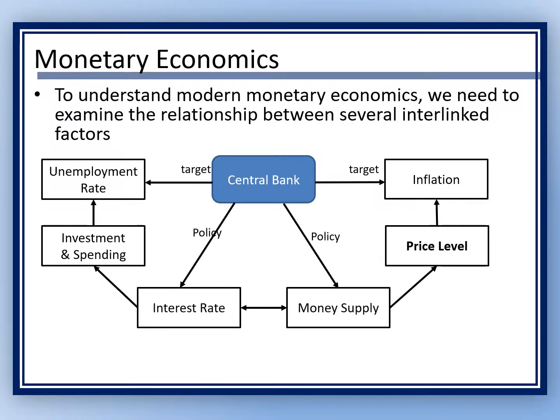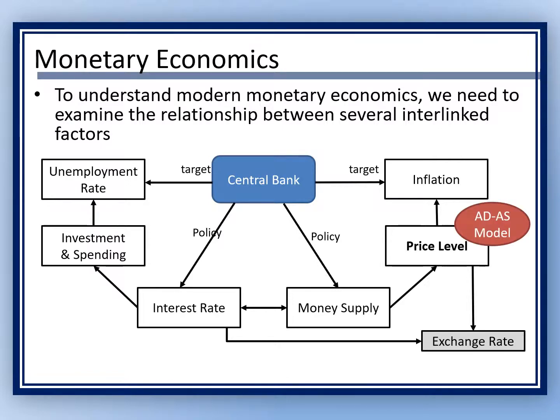So central banks can affect interest rate and money supply through certain tools they have. This is what they're going to do in order to reach their policy targets of controlling unemployment rates and inflation. Interest rate and price level also affect exchange rate. This is actually very obvious in Hong Kong, because whenever the interest rate in the United States is noticeably higher than Hong Kong, money starts flowing towards the United States, and that affects the exchange rate between Hong Kong dollars and US dollars.